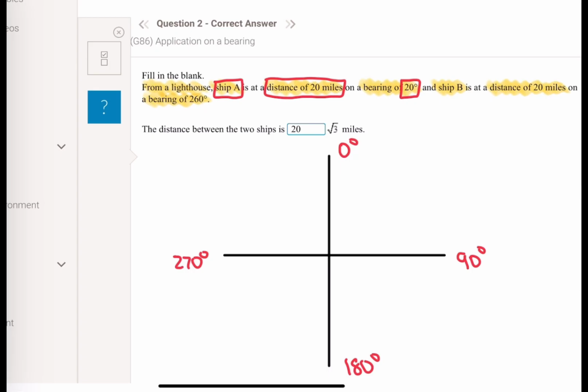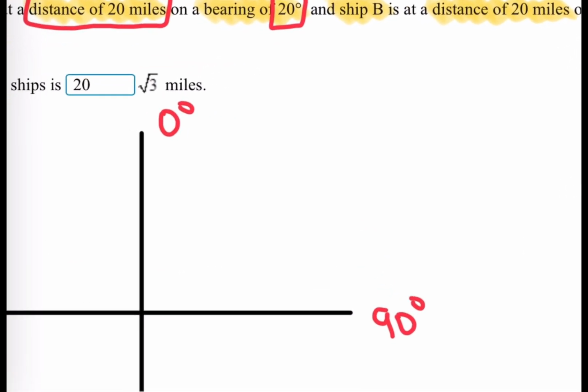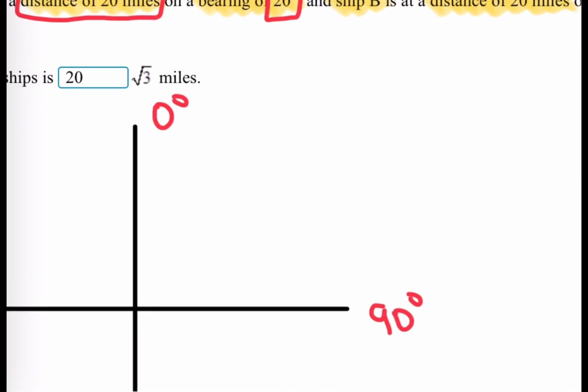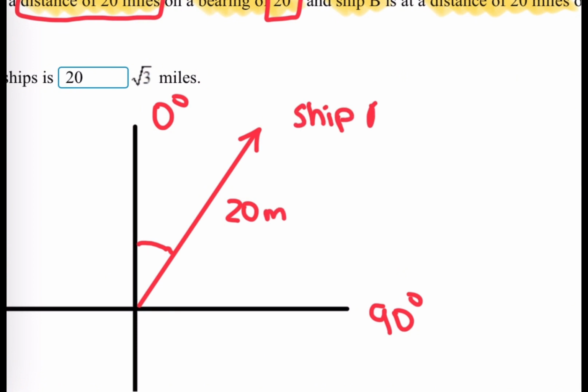Alright, so this is going to be between 0 degrees and 90 degrees. So the 20 degrees is going to be somewhere over there. And then we're going to draw the arrow, and this arrow is 20 miles. And we're going to call this ship A.